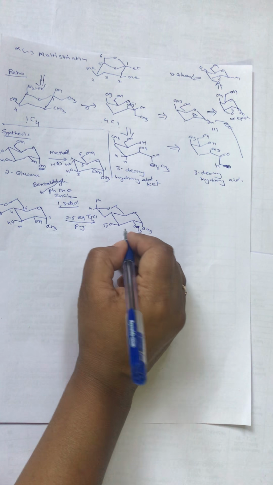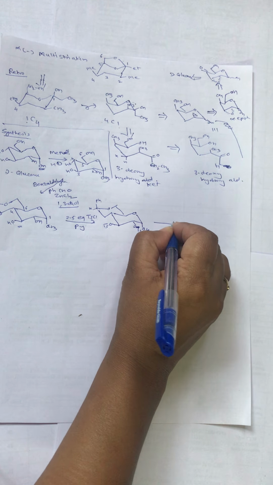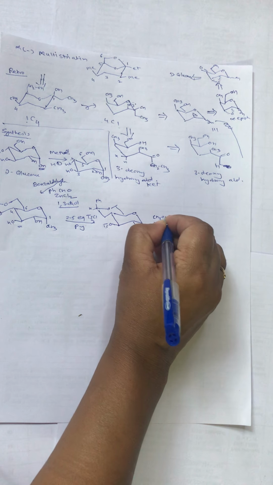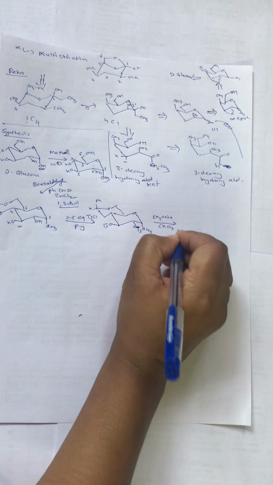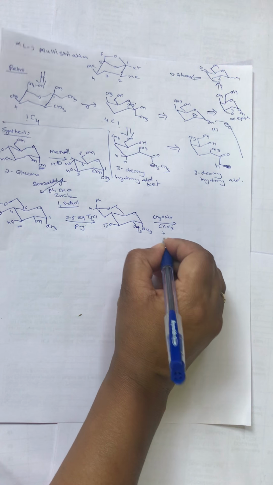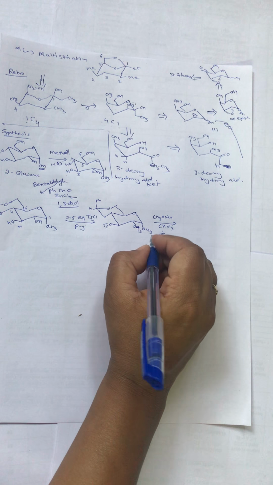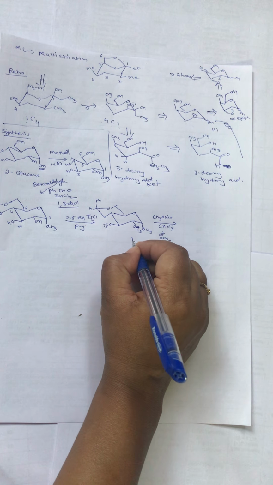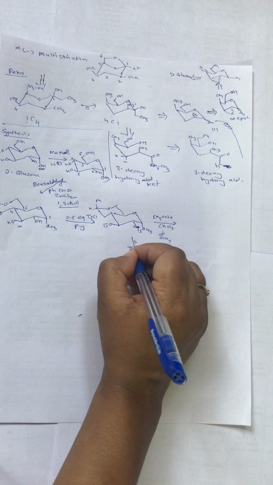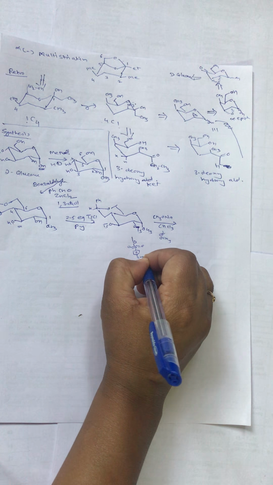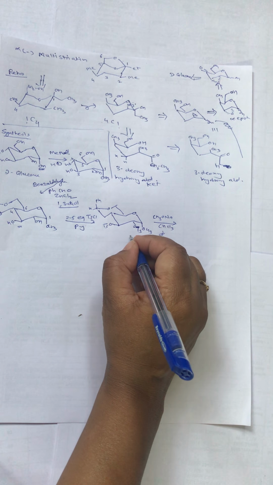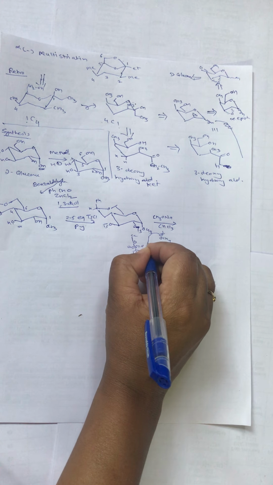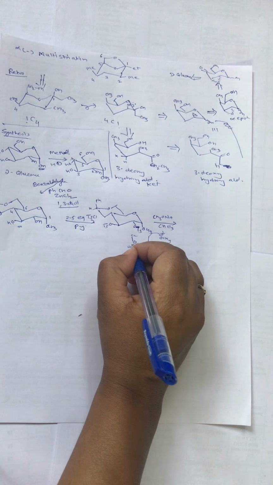Both will form OTs, and now we are going to form the alpha epoxide by using a catalyst like CH3ONa in the presence of chloroform. What happens in this is that it will generate the OCH3 minus part, and this will attack the sulfur of the tosyl group at C2, and this bond will go here.